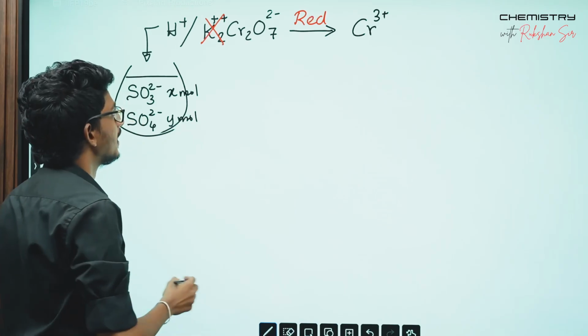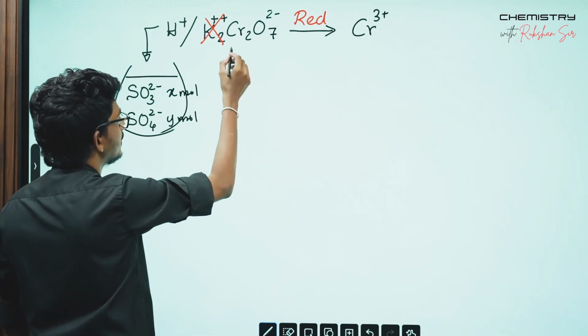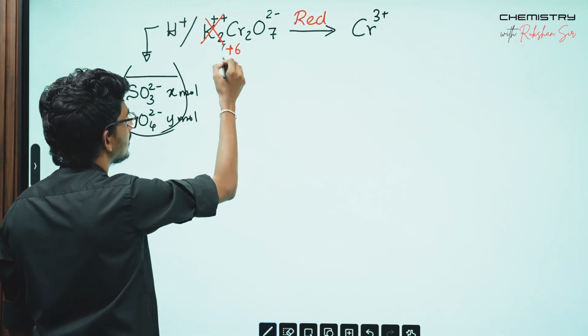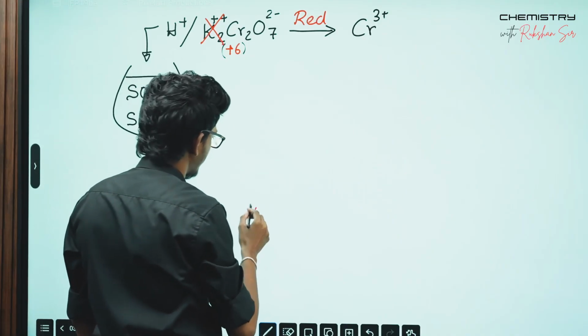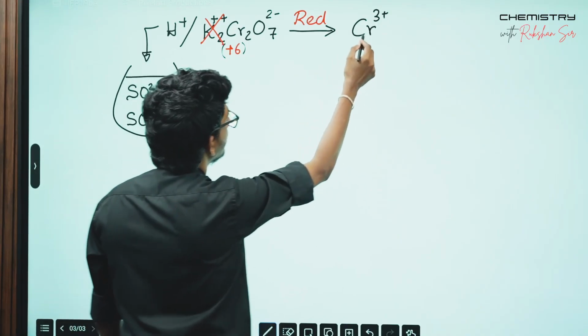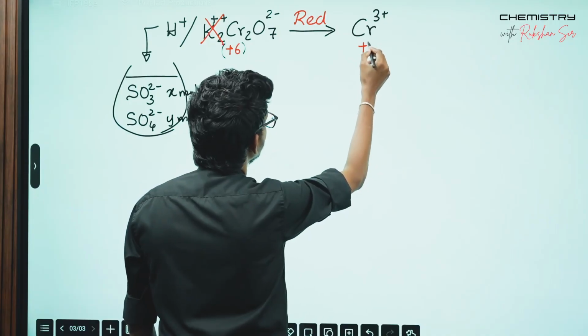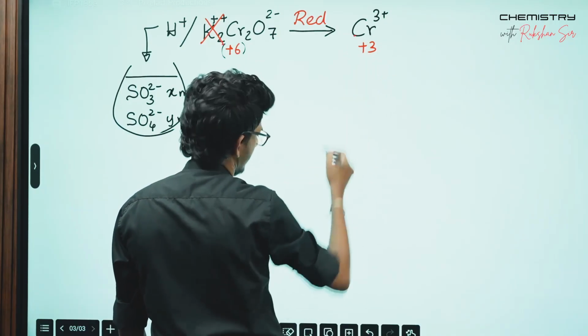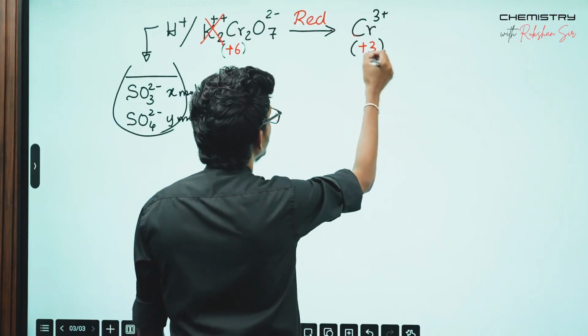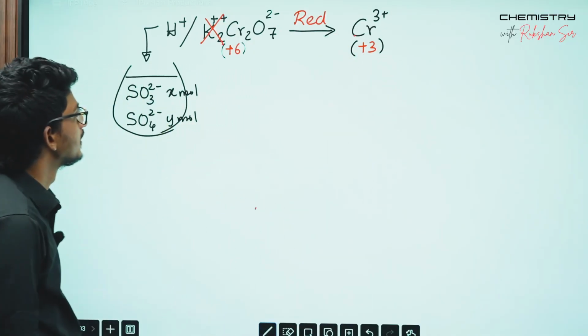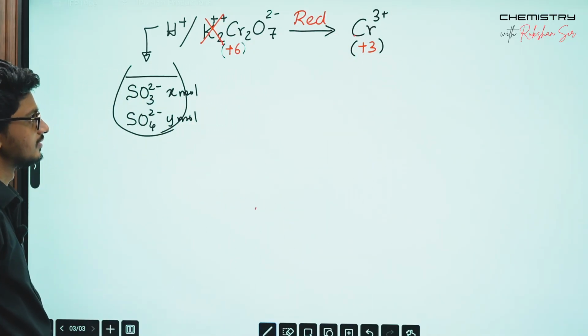With the dichromate, the oxidation state is +6 for each chromium, and here with the chromium it is +3. So it's a reduction, right? From the top, you are observing a reduction.